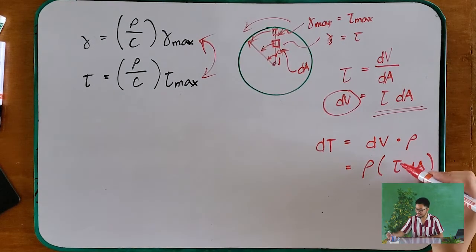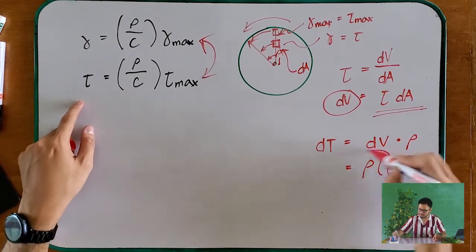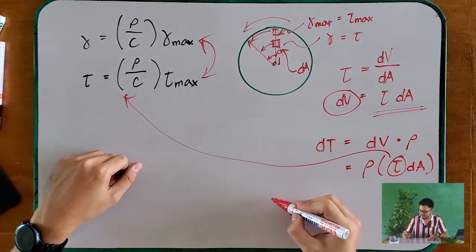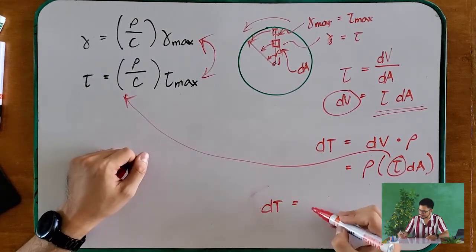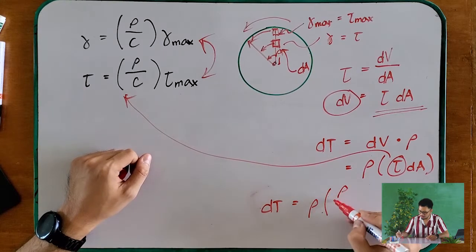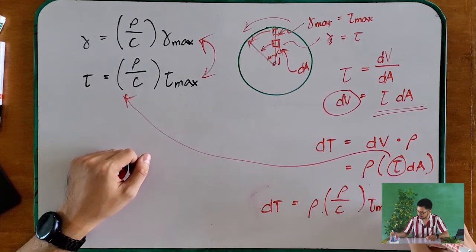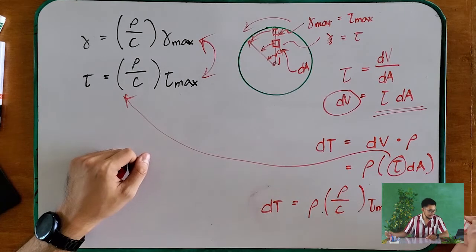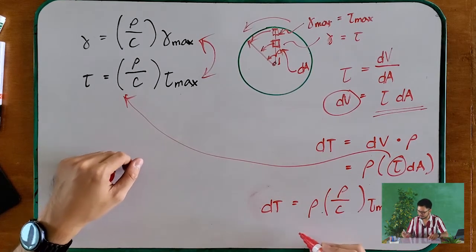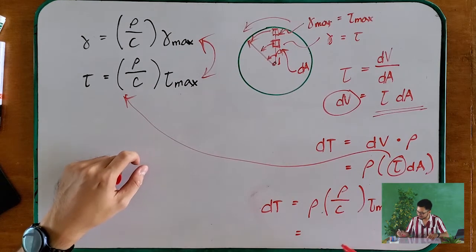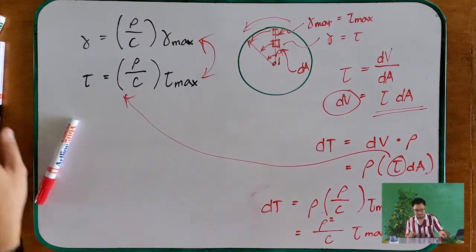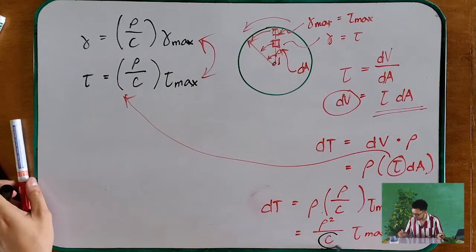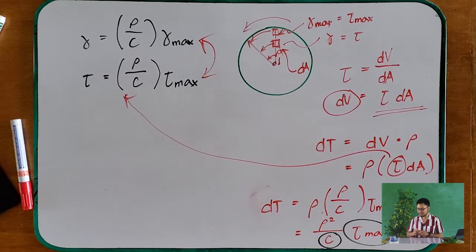Okay? And since you learned that your tau is just equal to this one, then you can expand it further as rho times rho over C tau max dA. And simplifying it further, you will have rho squared over C tau max dA. And take note, these two are constant.